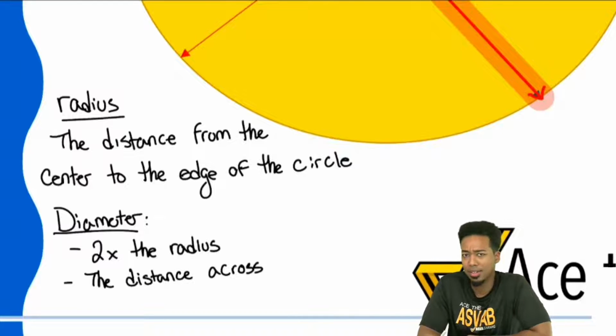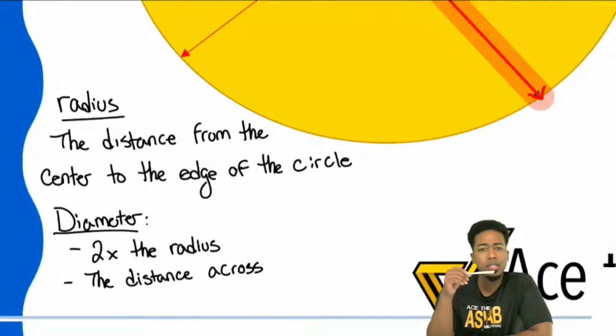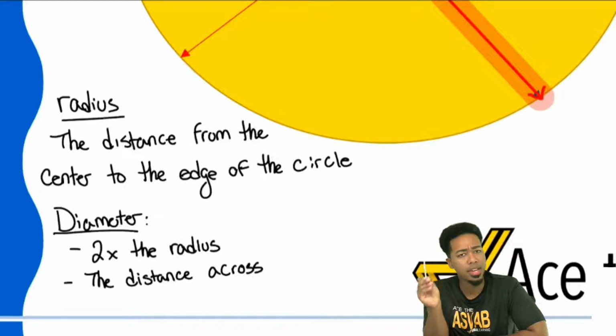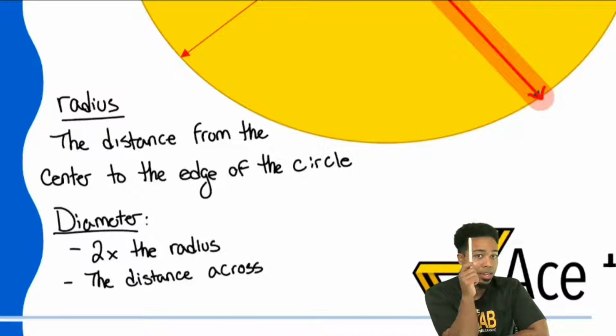Well, they can, but they could also say the distance directly across a circular pond is 10 meters. Now, everybody, in both cases, the one where I said the diameter of a circular pond is 10 meters, and the other where I said the distance across a circular pond is 10 meters, is it true or false that in both scenarios I was talking about the diameter?